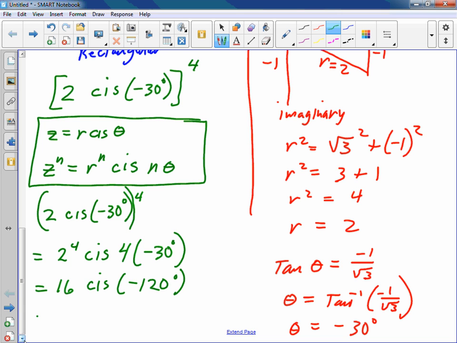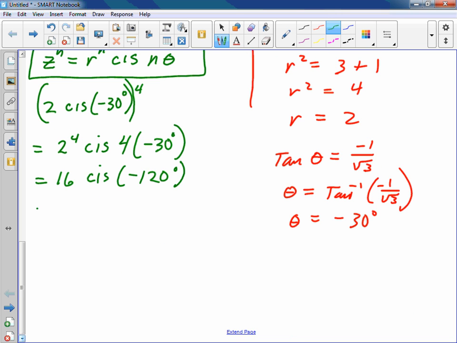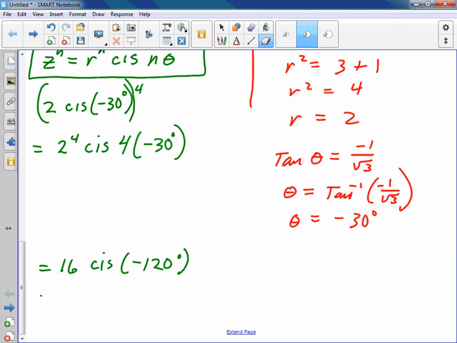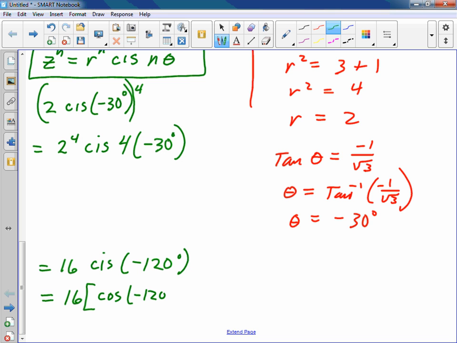And then we better write that out. I think now is a good time to remind ourselves what that cis is. We're probably not totally comfortable with that yet, I'm guessing. So this equals 16 times the quantity cosine of negative 120.